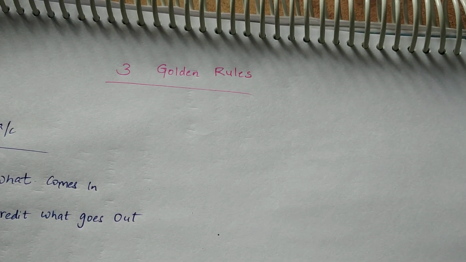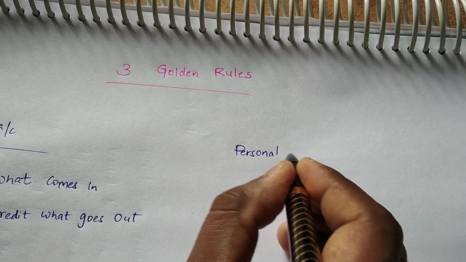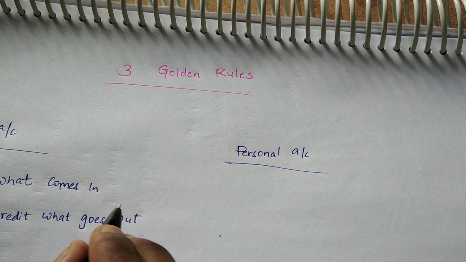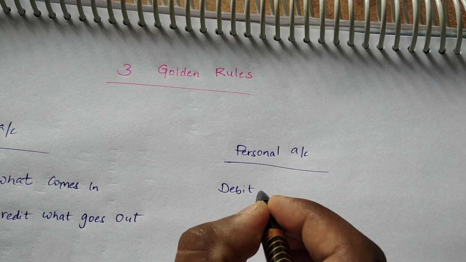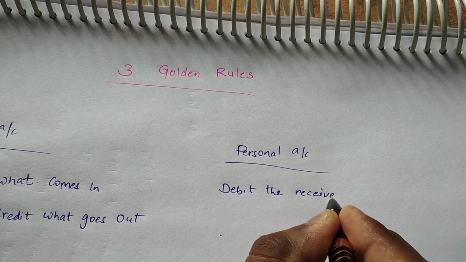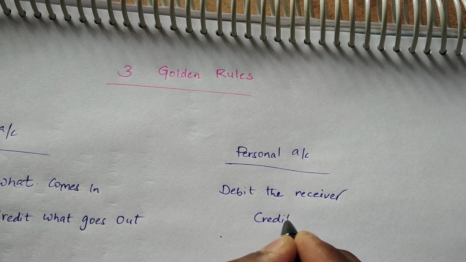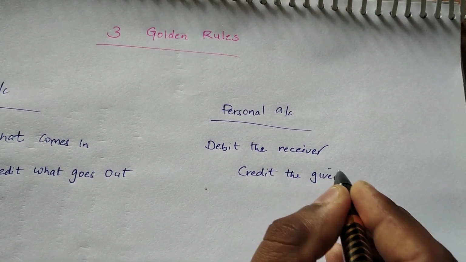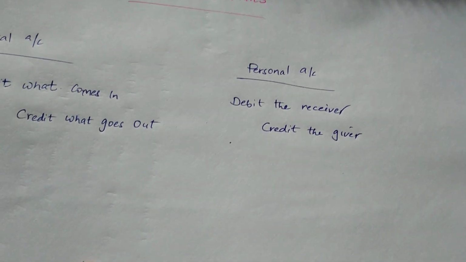For the personal account, debit the receiver and credit the giver.